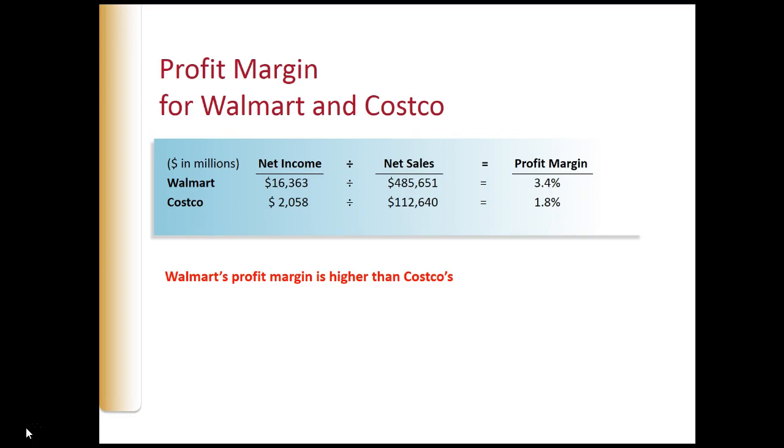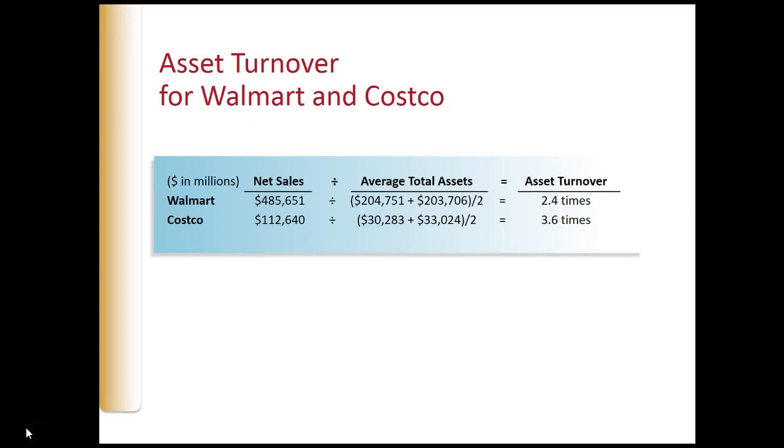This slide calculates the profit margin for both companies. Walmart's profit margin is higher than Costco's. Now this slide calculates the asset turnover for both companies. Costco has the higher asset turnover.